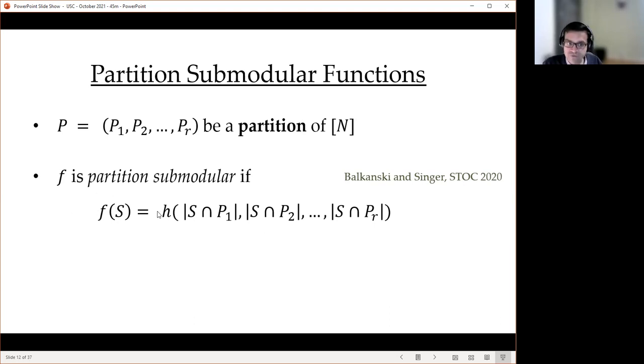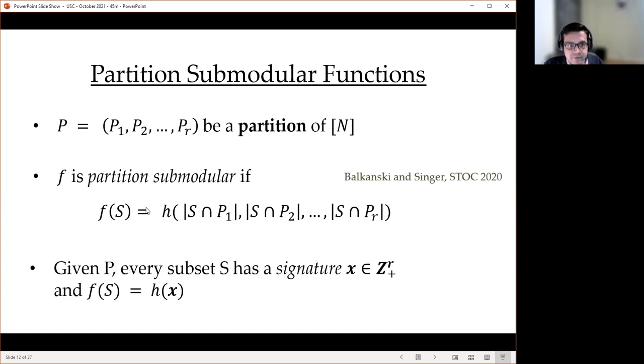If my submodular function looks like this, then we call it partition submodular. If I fix this partition, then every set S has a signature X, where Xi counts how many elements of Pi S has. The function value f of S is nothing but a different function H evaluated at X, where X is some r-dimensional integer vector. Is this clear?